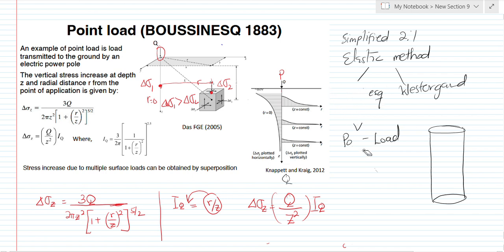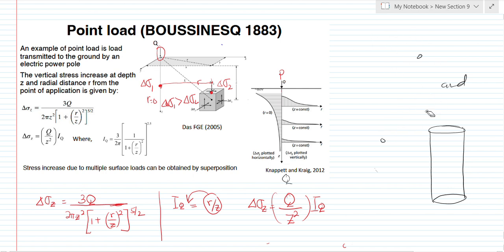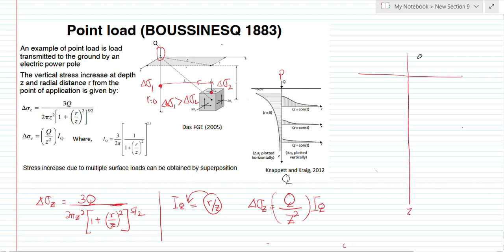Let me erase this side and give you a better representation. So this is the depth, the direct depth, right? And this is the lateral distance. Now, when the point load is applied, it's at this particular point, right?